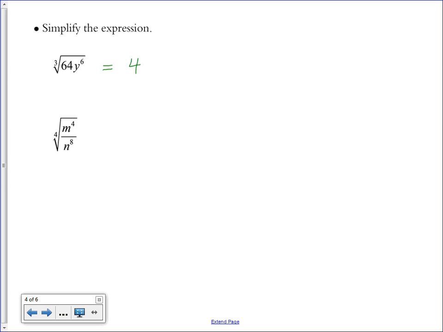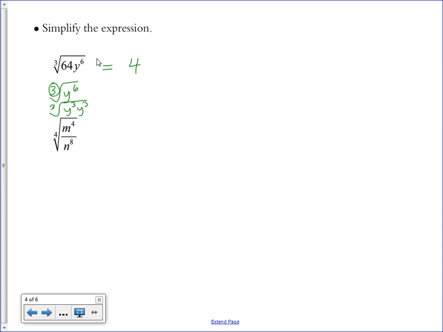And then how do we simplify the cube root of y to the 6th power? We can think about that cube root out there as like a guard on the porch, and you can come out of the square root sign or the cube root sign or the fourth root sign, whatever it is, if you can come out in groups of 3 for this one, right? Because it's basically like saying the cube root of y to the 3rd and another y to the 3rd. So we could take out the cube root of y to the 3rd as just y, and another cube root of y to the 3rd as just y.